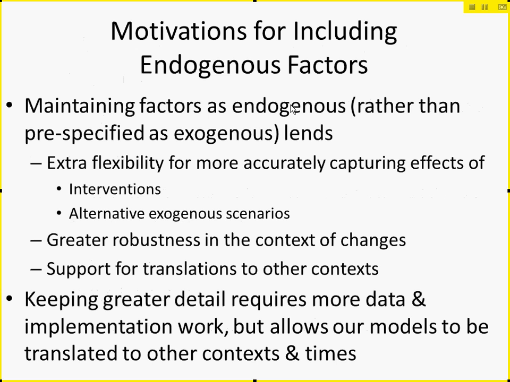It allows us to talk about changing the system by intervening in some way in factors that relate to those processes. So it gives us, for example, extra flexibility for capturing effects of interventions, greater robustness in the context of change. There may be things that are changing these underlying processes, which we can capture because we've captured them in the model. And it may support a generality of the model to other contexts. On the other hand, it does require greater detail.